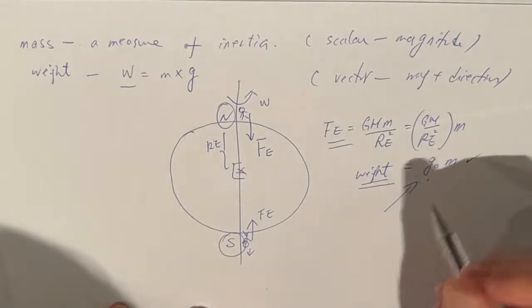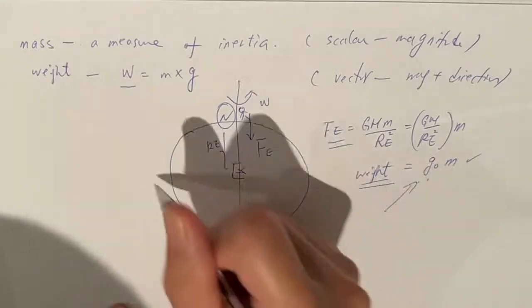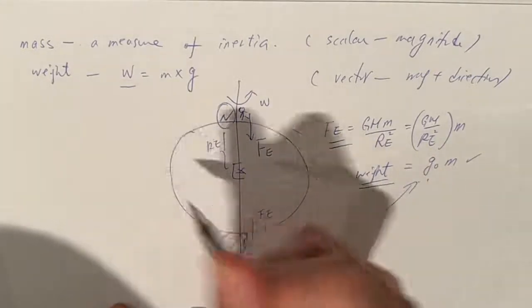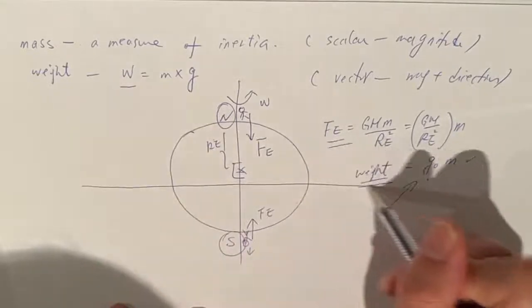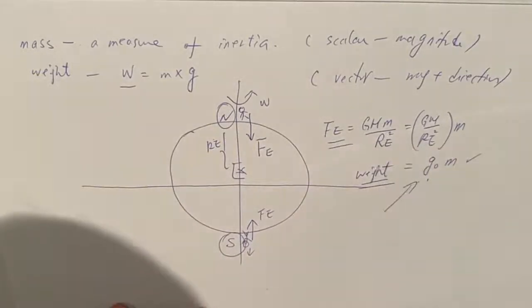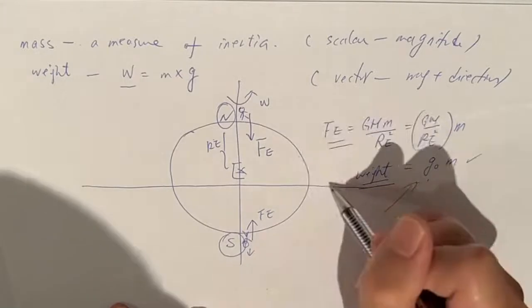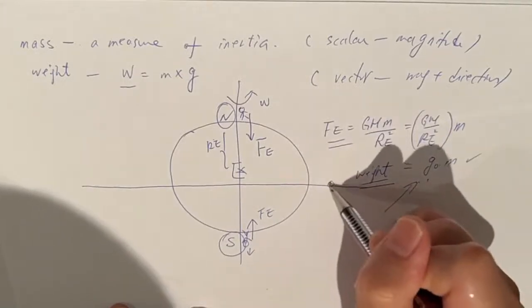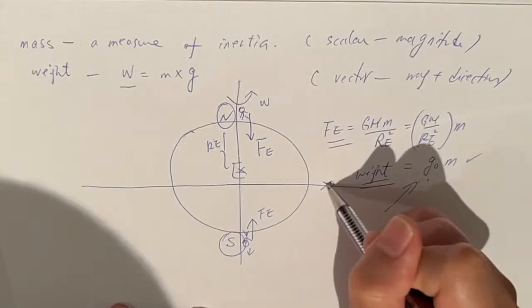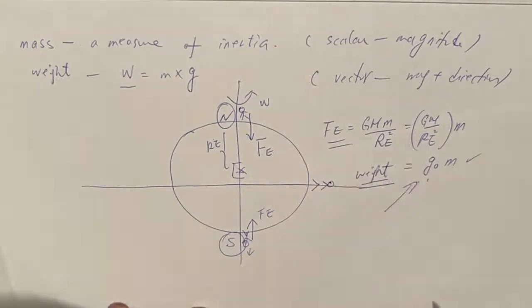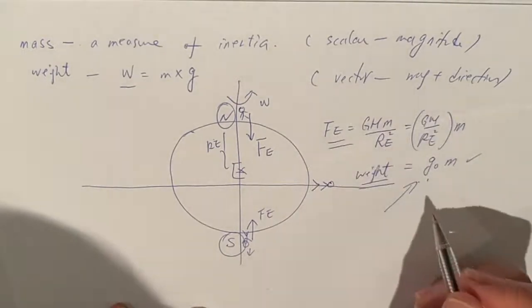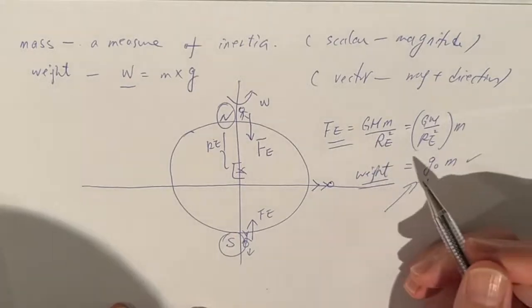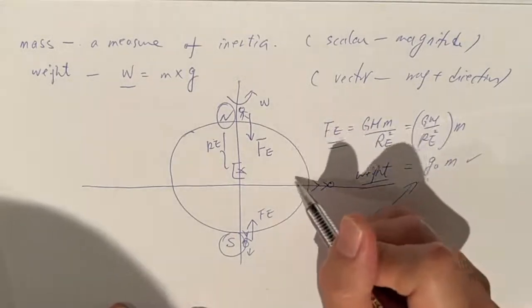Now, what happens? Normally in the classroom, we just ignore it. Many students ask this question: suppose there is a person situated at the equator. When we draw the force diagram, normally we draw the same.